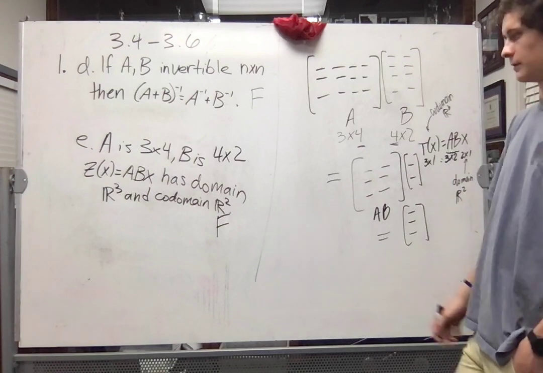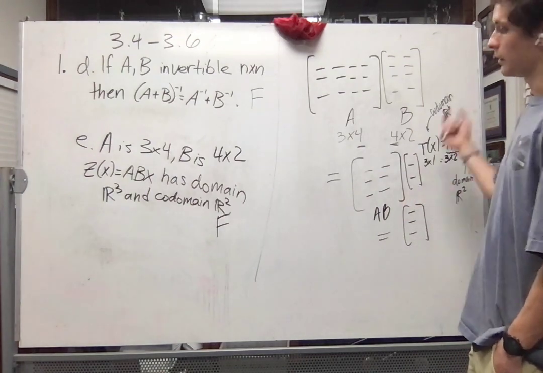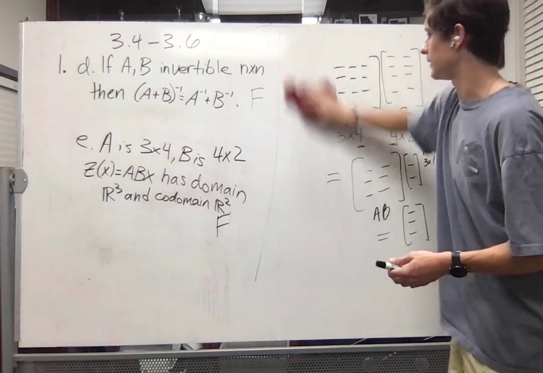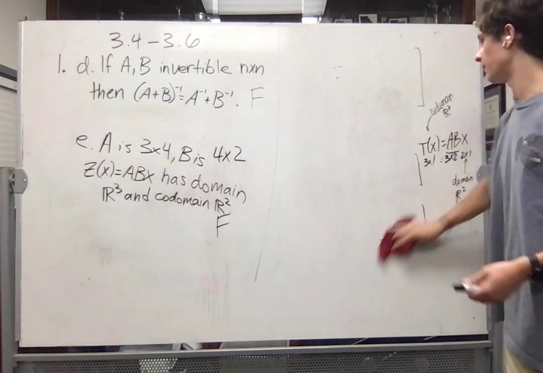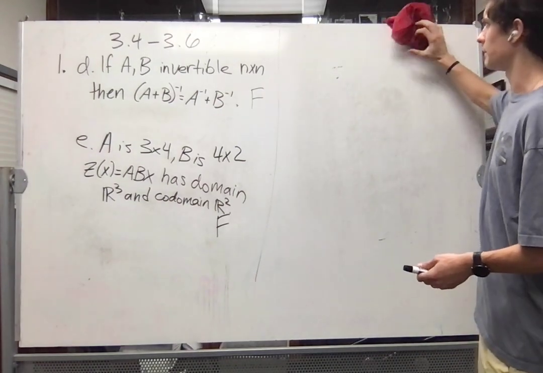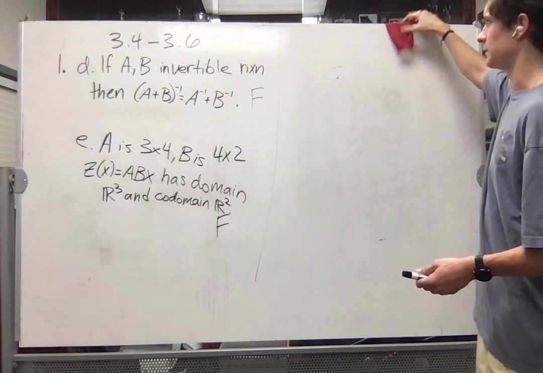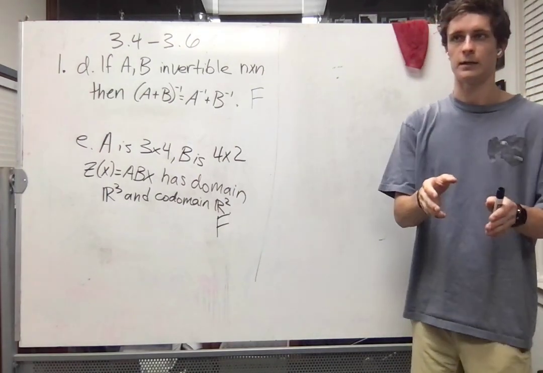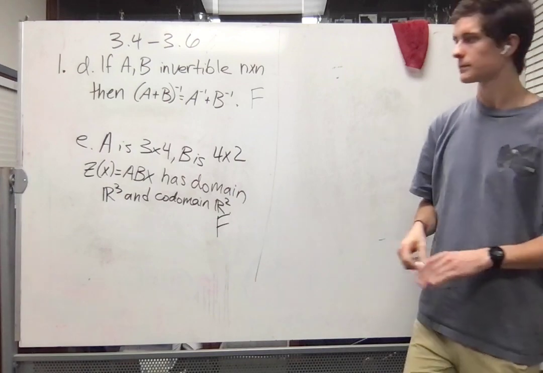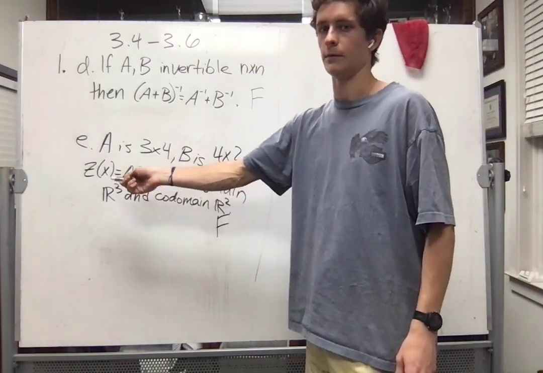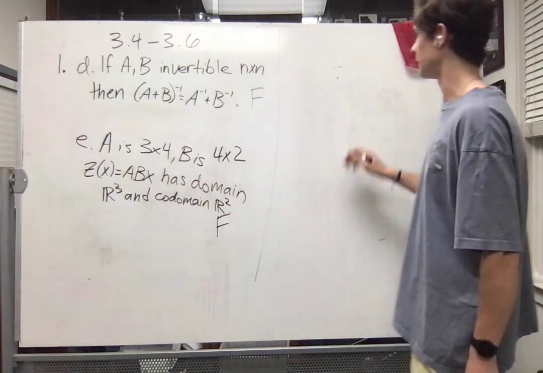I also just want to remind you of another way we could have thought about it. Before multiplying A and B together, we can think about the transformation as starting with x, multiplying by B, and then multiplying by A. So x starts here, then we multiply by B, then we multiply by A. Let's follow what that would look like.